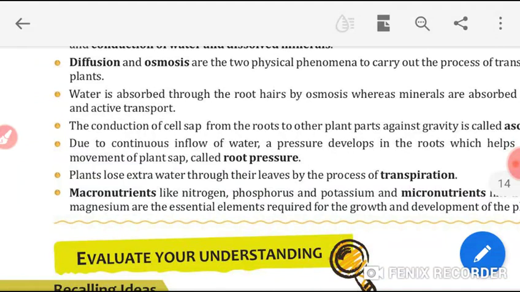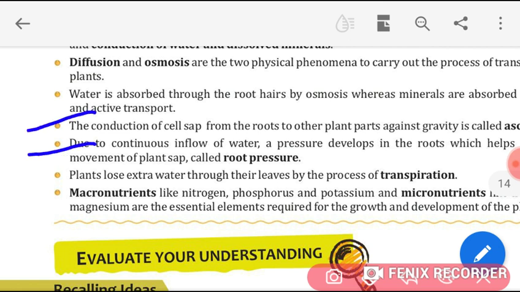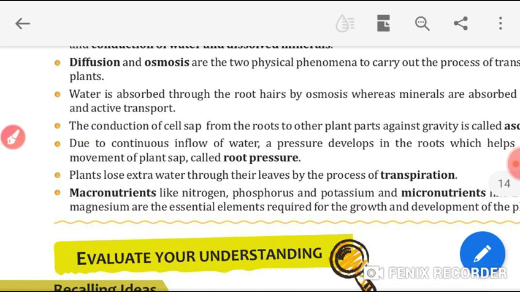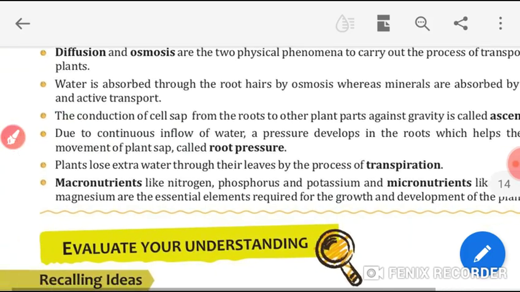In this recap, 9th, 10th and 11th point. Students, which points? 10th and 11th point. Both the points you have to write. The conduction of cell sap from the roots to other plant parts against gravity is called ascent of sap.